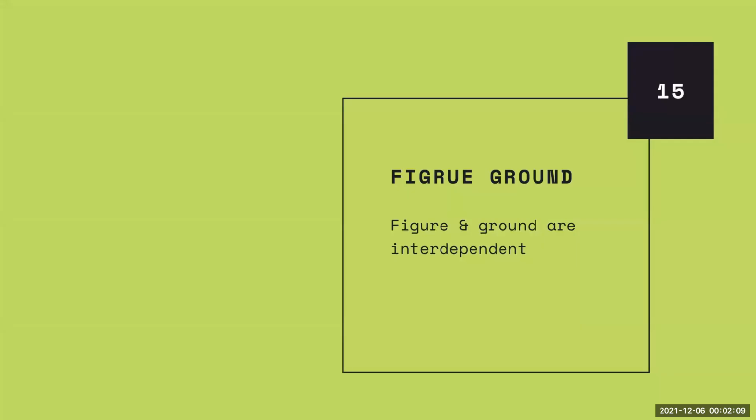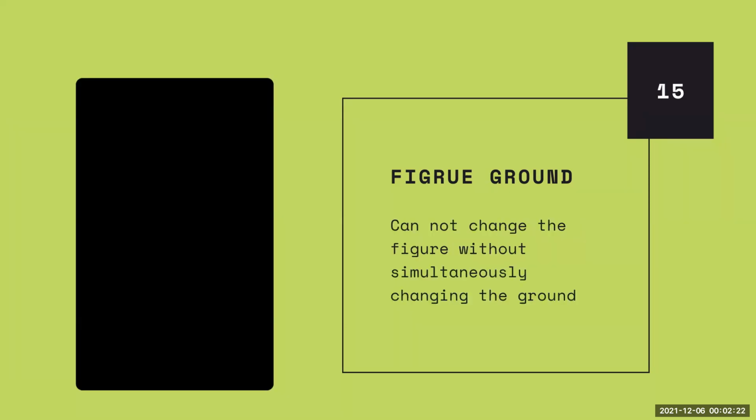So I don't want to skip over a really important concept that I'm not quite sure we landed on, and that is figure ground. So to understand figure ground, I want you to know that they are interdependent. You cannot change the figure without simultaneously changing the ground. There are three figure ground relationships I want us to focus on.